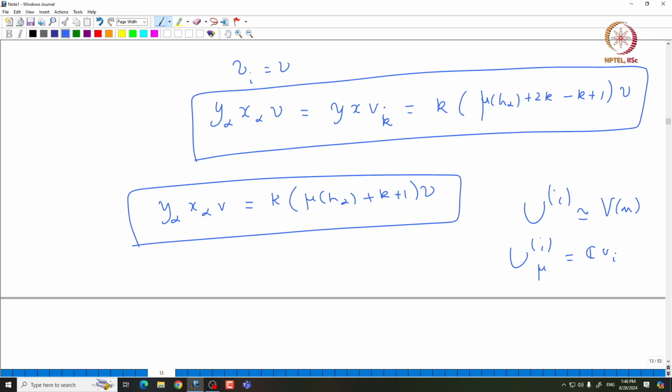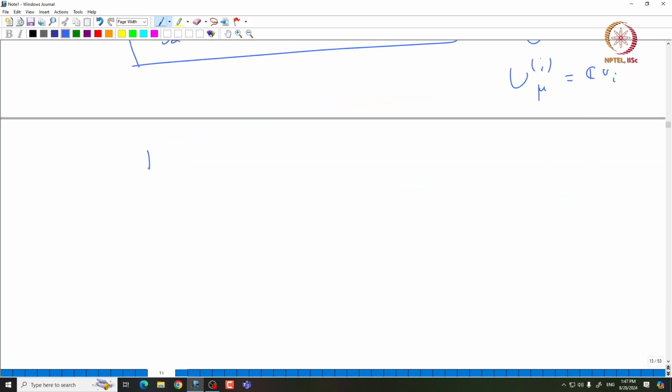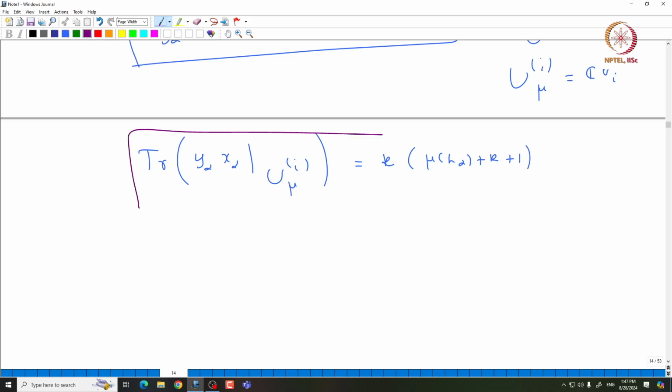So, the trace of this is going to be on this space exactly k times mu of H alpha plus k plus 1. So, the trace of this y alpha x alpha restricted to this ui mu is exactly equal to k times mu of h alpha plus k plus 1. So, that is what you get by calculating the trace on this.